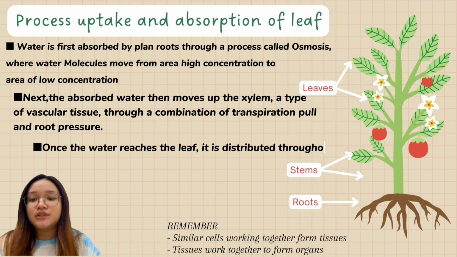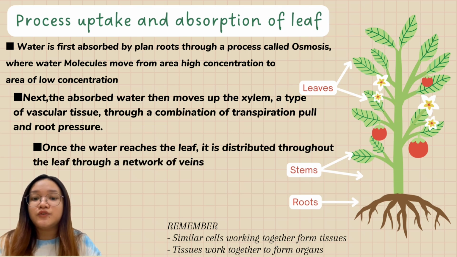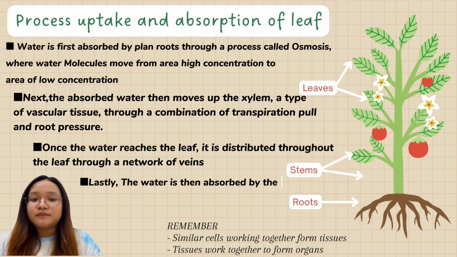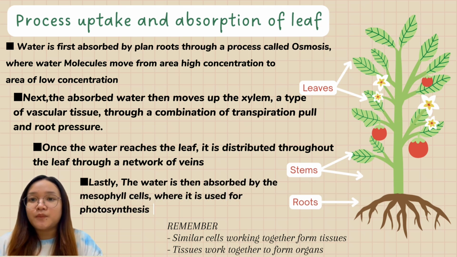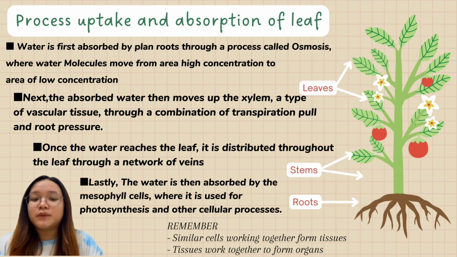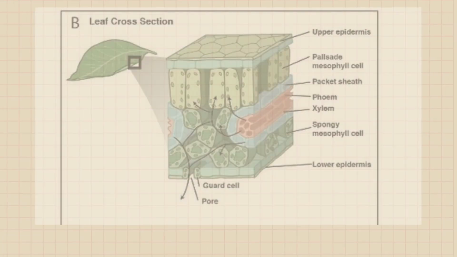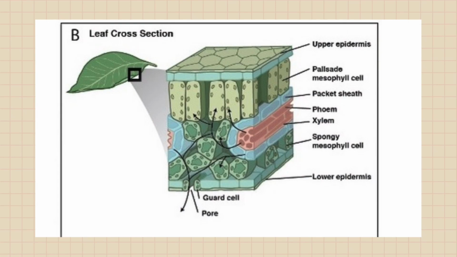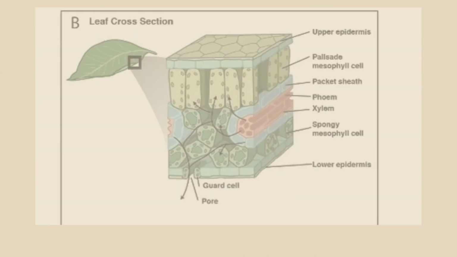Once the water reaches the leaf, it is distributed through a network of veins. Lastly, the water is absorbed by the mesophyll cells, where it is used for photosynthesis and other cellular processes. This is an example of a leaf cross section.